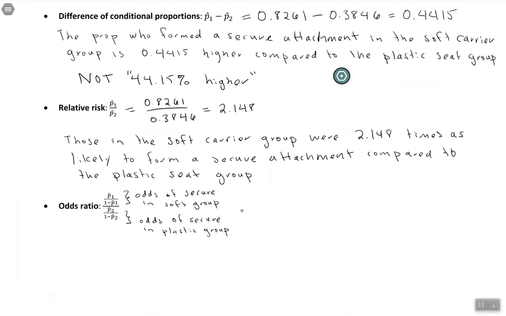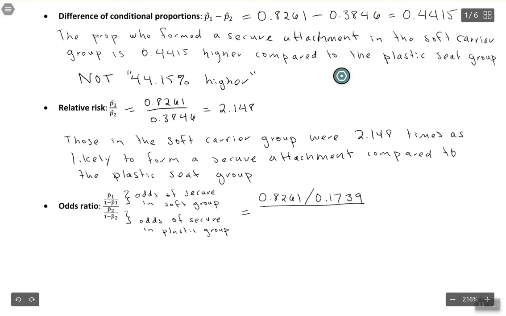All right, so let's calculate the odds ratio. So we'll start with the odds of secure attachment in the soft group. In the soft group, 0.8261 is the proportion of successes. And then if we do 1 minus that, we get 0.1739. Okay, and then if we do successes in the plastic group, it's 0.3846.